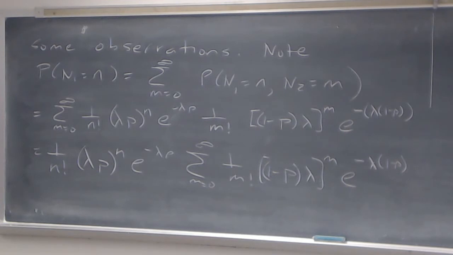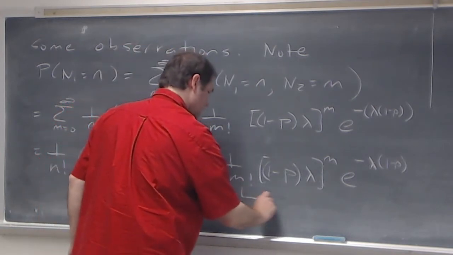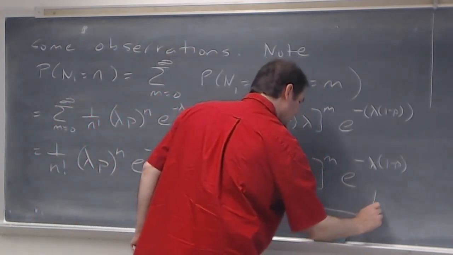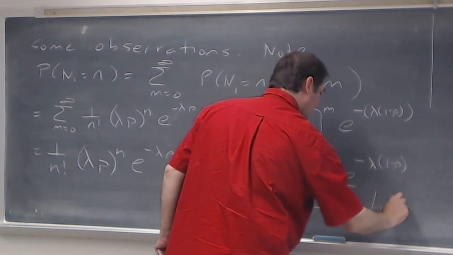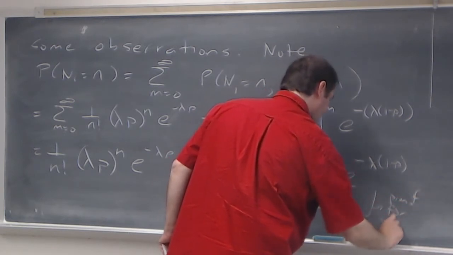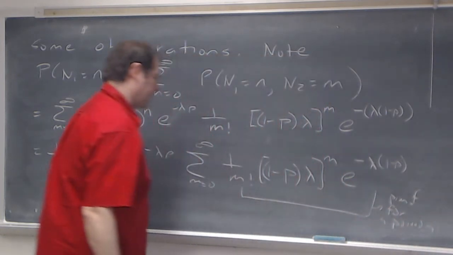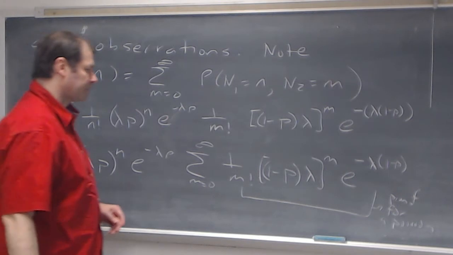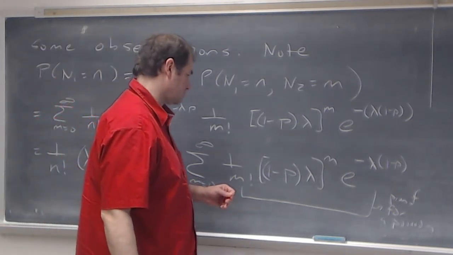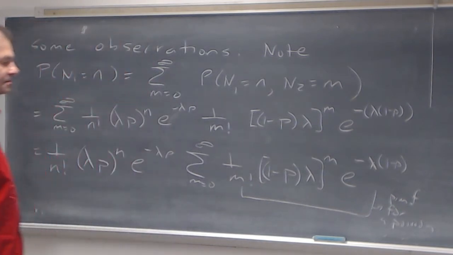What I want you to notice is that the quantity we're summing here is a PMF for a Poisson random variable, and its parameter is 1 minus p times lambda.